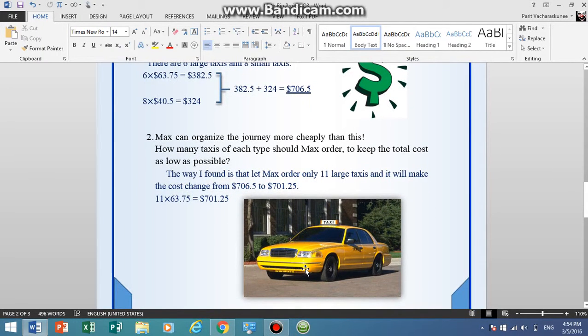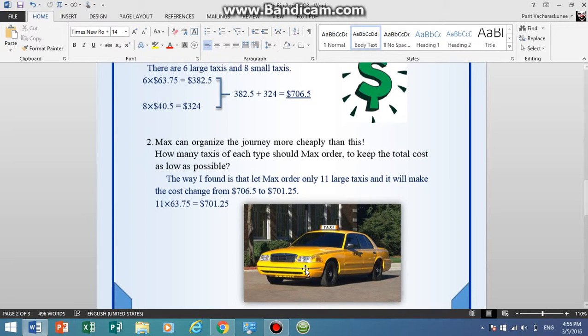The next question is: Max can organize the journey more cheaply than this. How many taxis of each type should Max order to keep the total cost as low as possible? I found a way which is lower, but I don't know if there's another way that can make it lower.